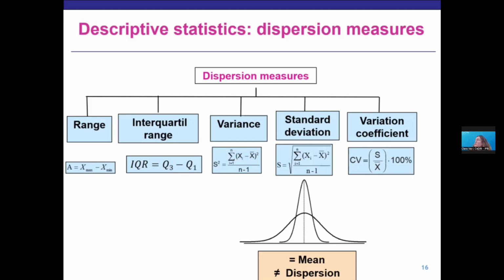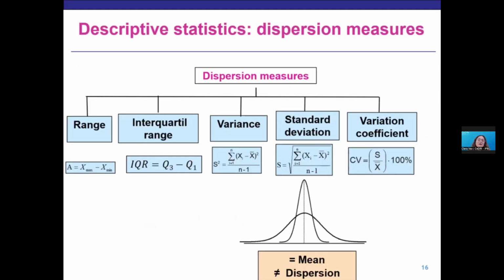Other measures are the interquartile range, which is the difference between the third quartile and the first quartile. If the distribution is not symmetric, the interquartile range is a good measure to define the dispersion of the data.